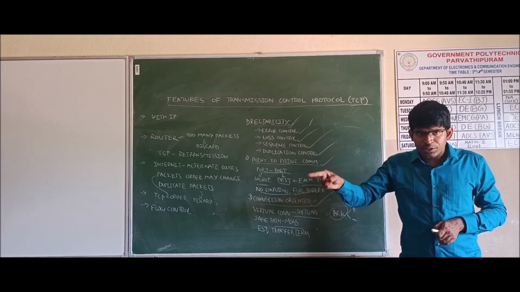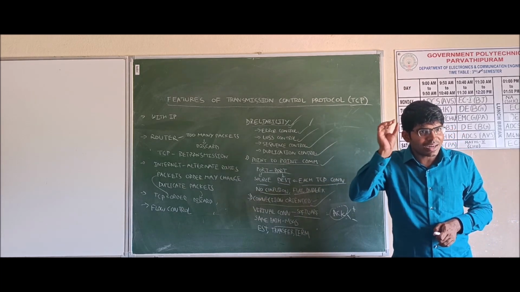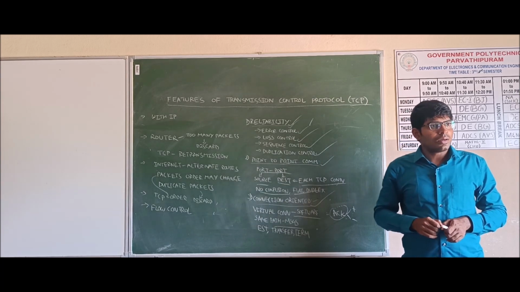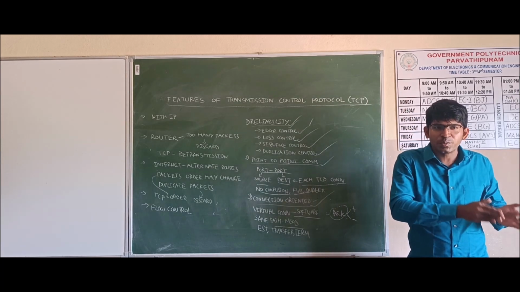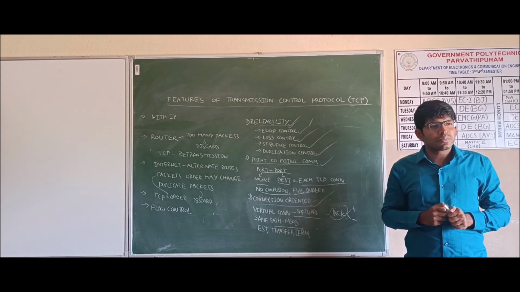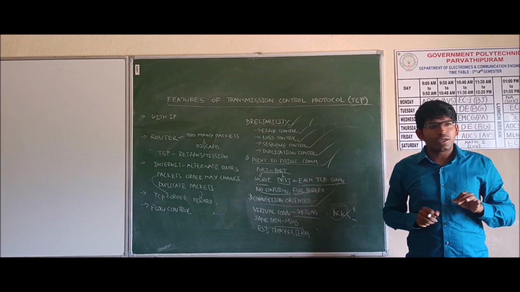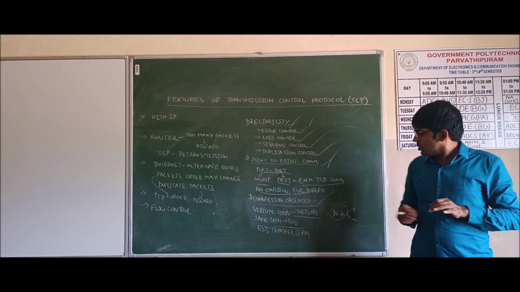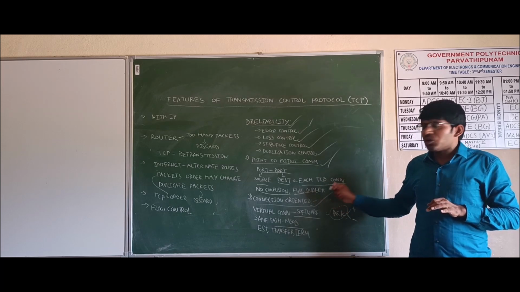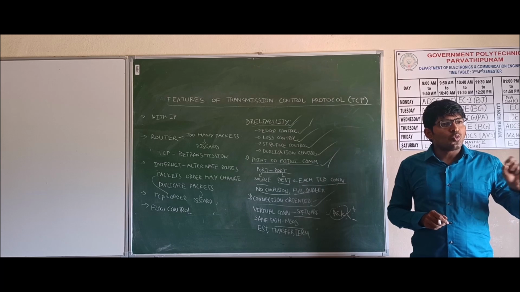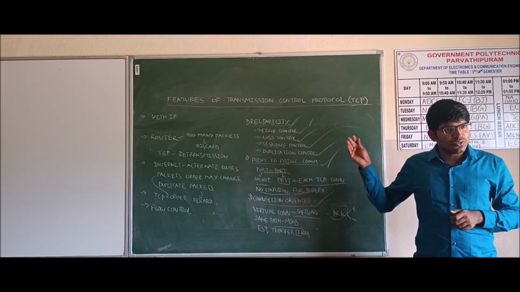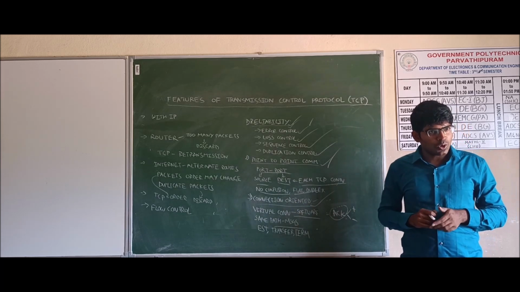Then the packets received by the receiver are reliable. Meaning the same packets we transmitted, the same packets we are receiving. Point-to-point communication, port-to-port communication. Next, connection-oriented communication. Virtually we are connecting. These are the features of the Transmission Control Protocol.